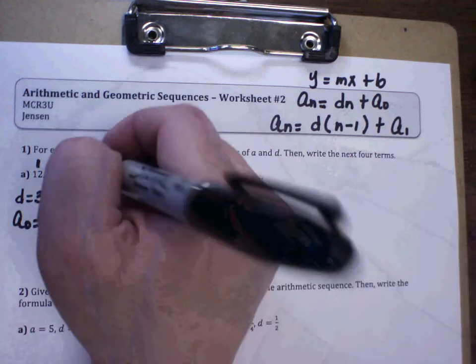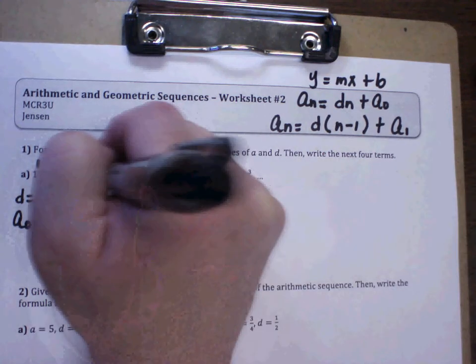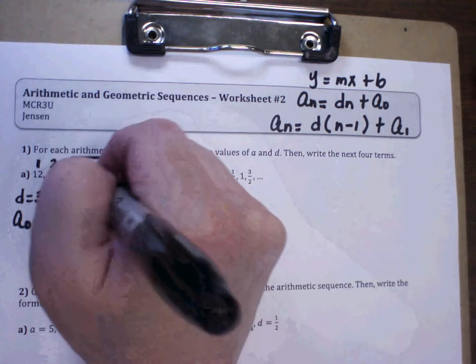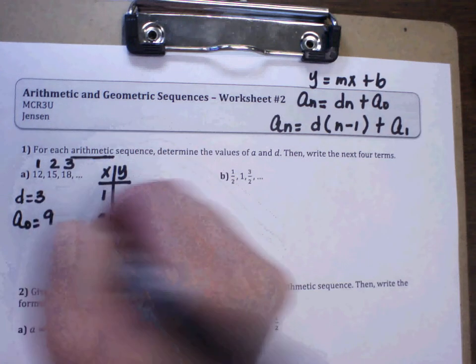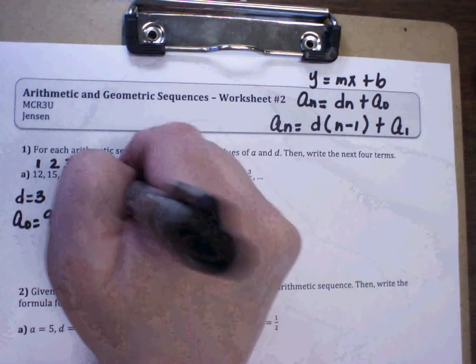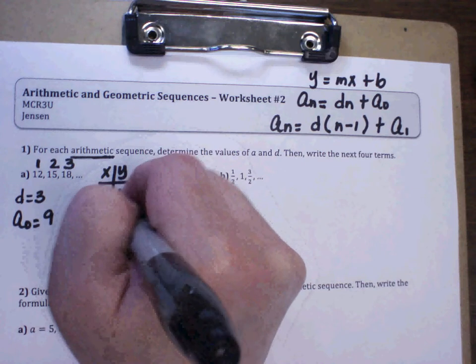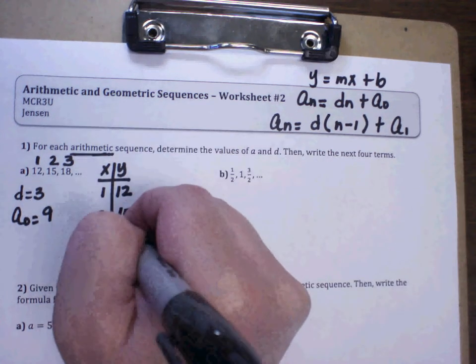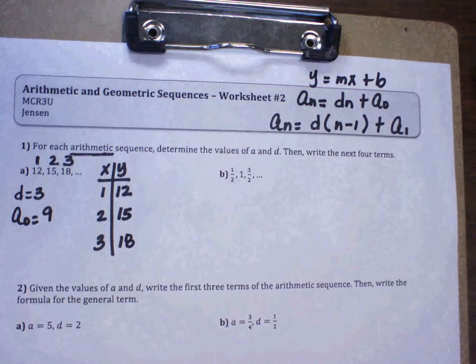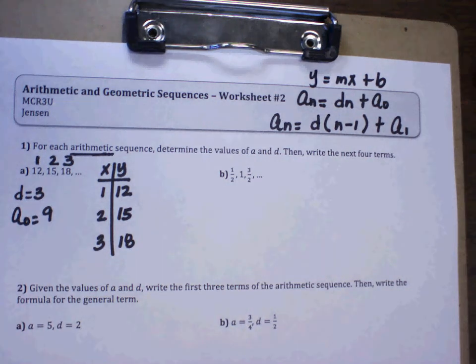Let's go to stat. First term is 12. Second term is 15. And third term would be 18. So go to stat and tell me what you get. You should get y equals 3x plus 9.